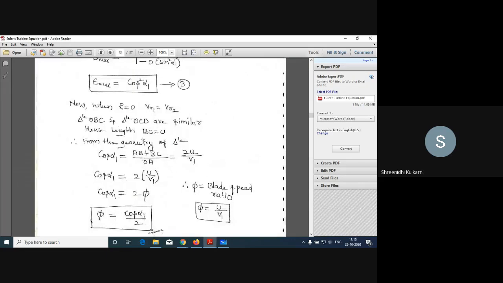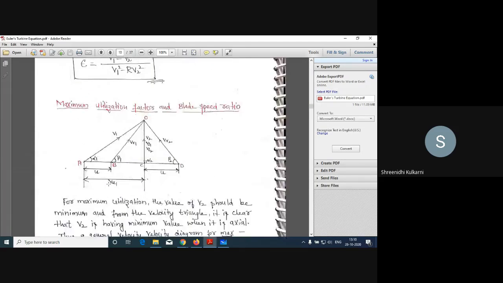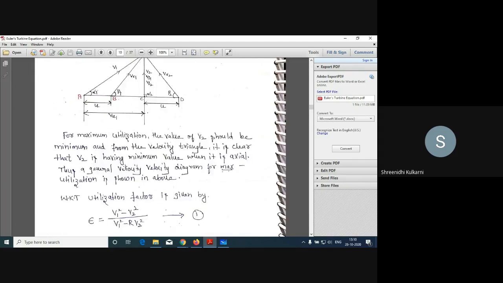By considering all this, from the geometry of the triangle, what is cos alpha 1? We can see it is AB plus BC, adjacent by hypotenuse.